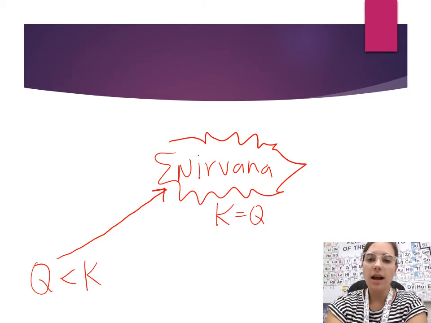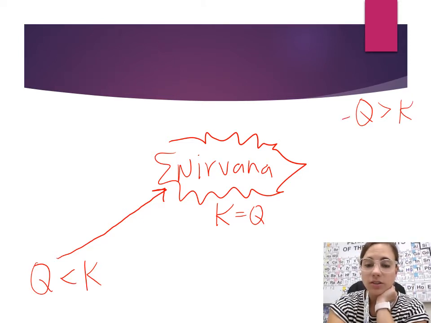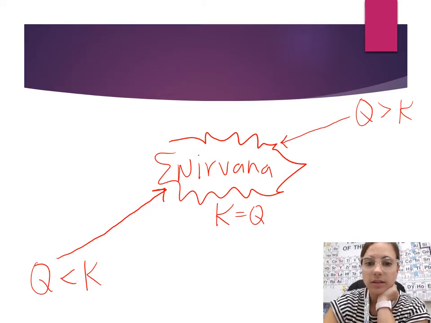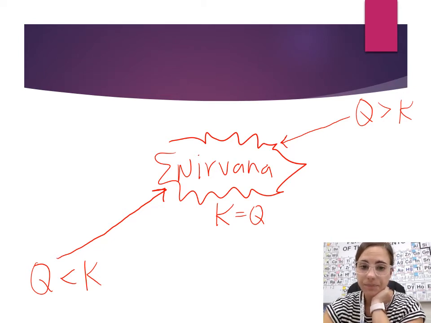So let's say that I start with Q greater than K. I start with some value that Q is larger than K. Then Q has to decrease in order to get toward nirvana, where Q equals K.